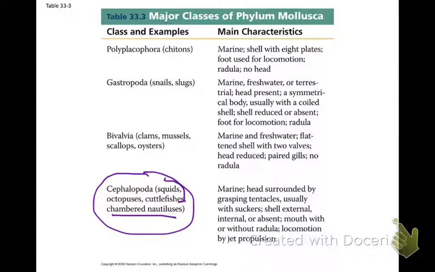And they have a mouth without a radula. They will generally have a hardened chitin beak at their mouth to break prey down into smaller pieces to enter the digestive system.